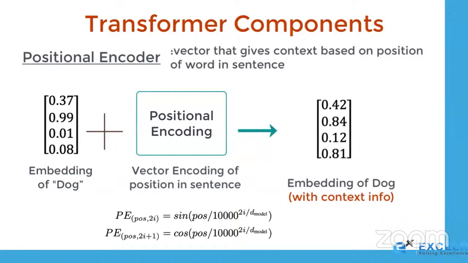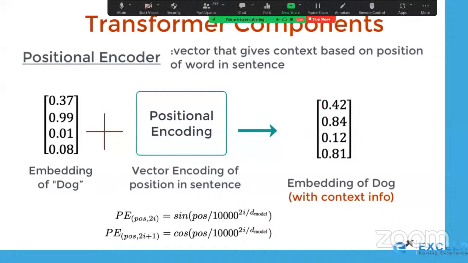But this particular vector has positional information also, which is like context info. This particular word dog now has the context info, like where it is present.